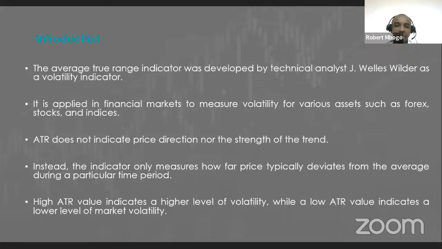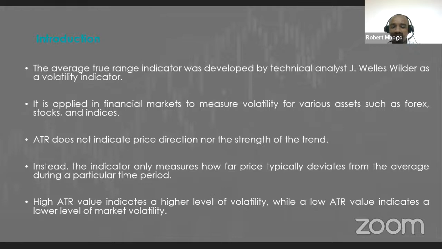The ATR does not indicate price direction nor the strength of the trend. This is really important because most people know indicators as tools that you use for price direction, strength, probably even momentum. But here we are looking at the volatility aspect of trading. Instead, the indicator only measures how far price typically deviates from the average during a particular time period. A high ATR value indicates a high level of volatility, while a low ATR value indicates a low level of market volatility.